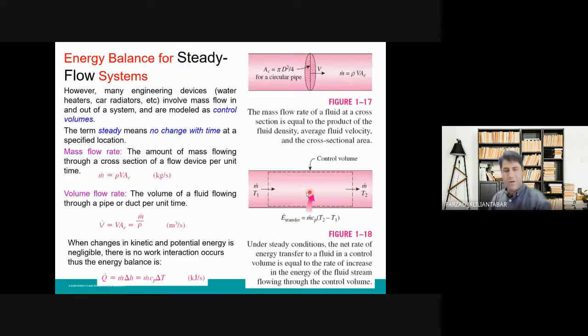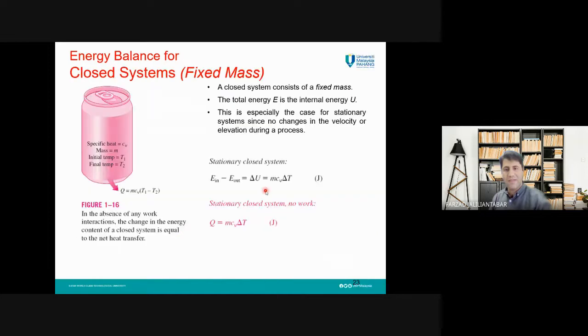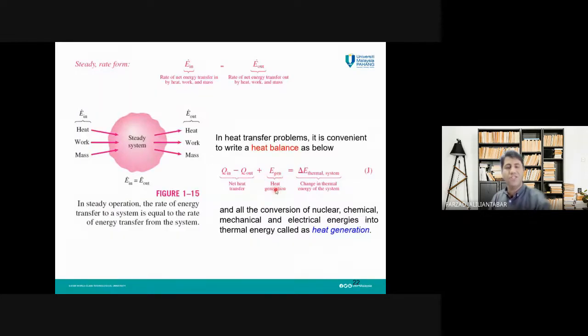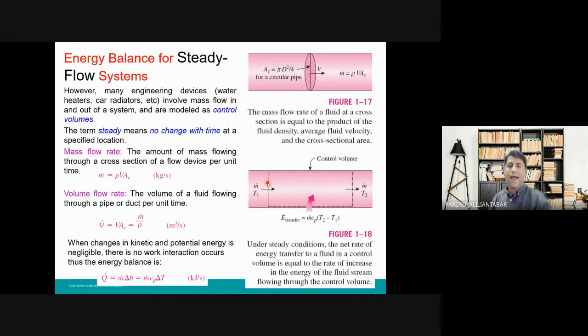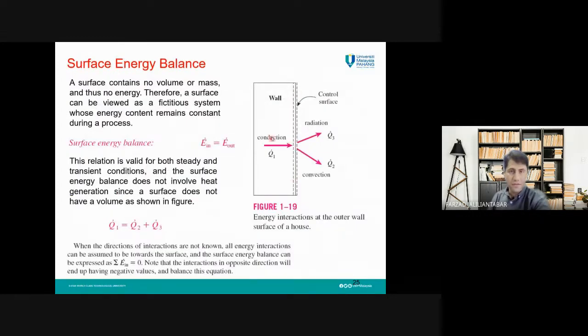If you remember, we had this equation for heat generation: Q in minus Q out plus E generated equals delta E thermal of the system. But when we have a surface, based on the definition, a surface doesn't have any mass or volume, and its thickness can be neglected.